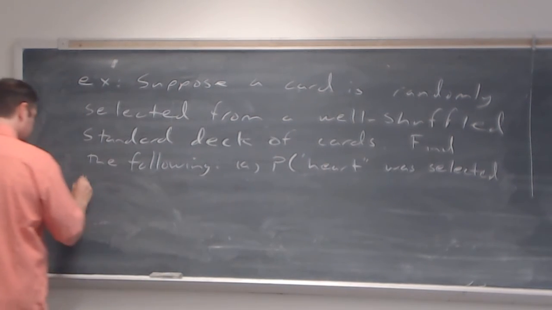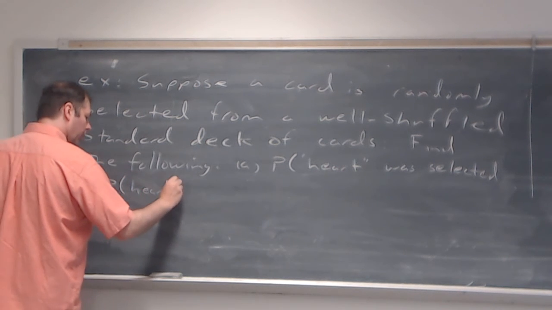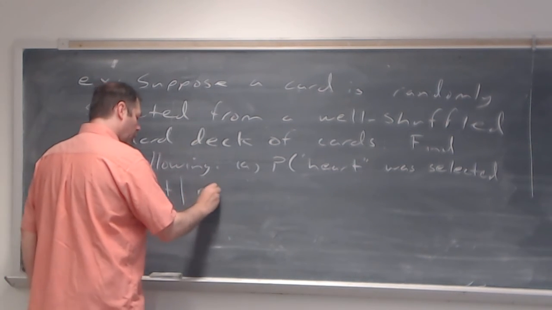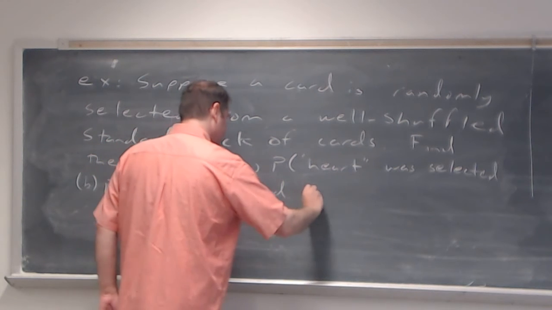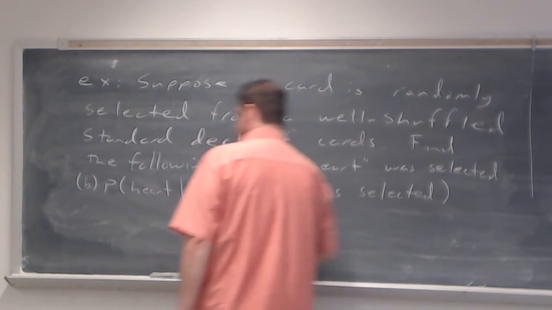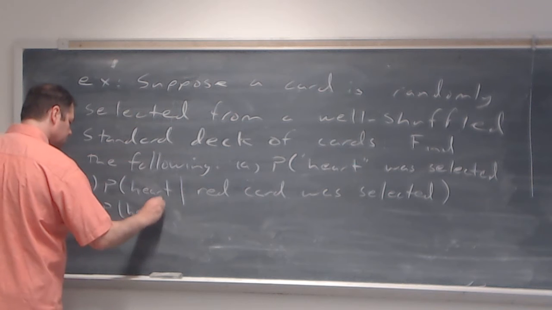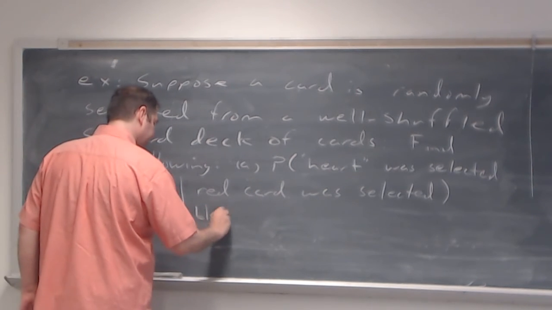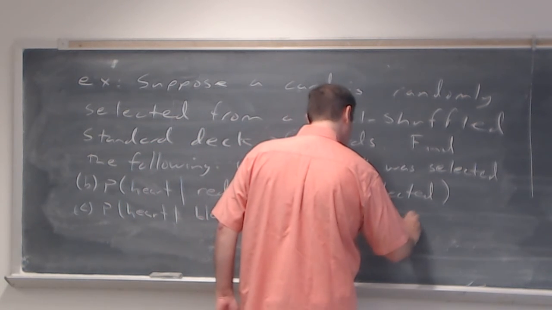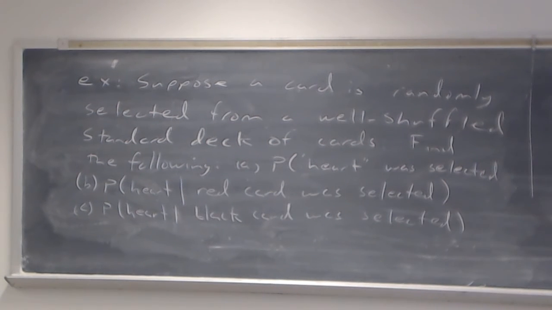Part B, the probability that a heart was selected given a red card was selected. And part C is the probability of a heart given a black card was selected. So that's my question. Let's do it here.